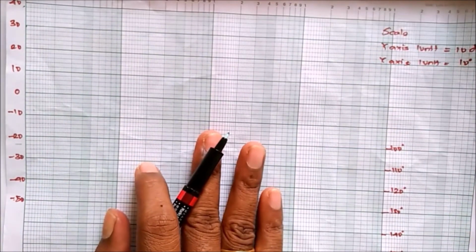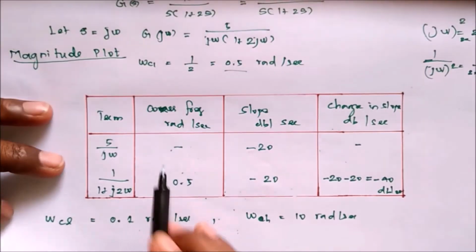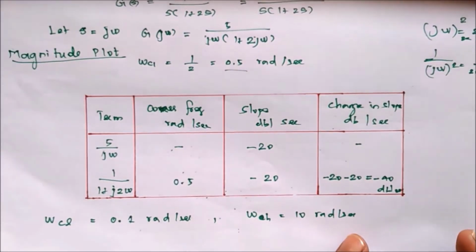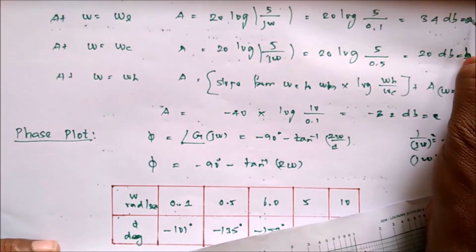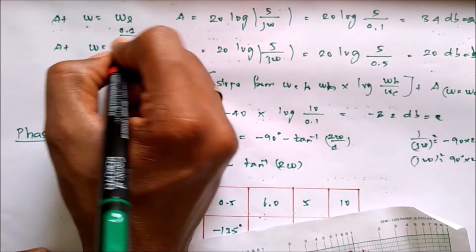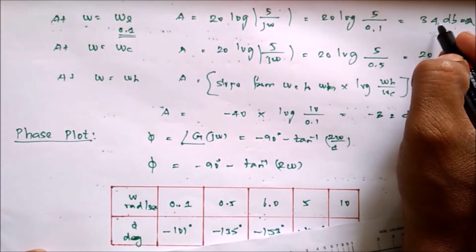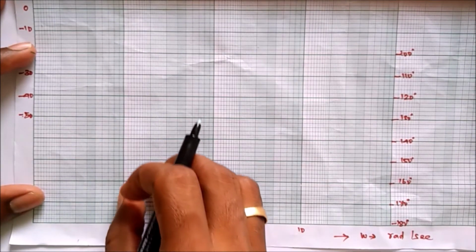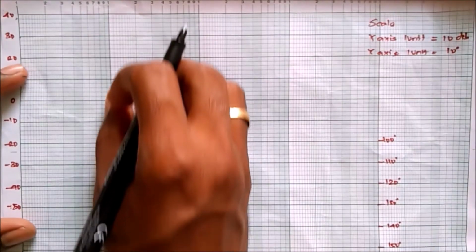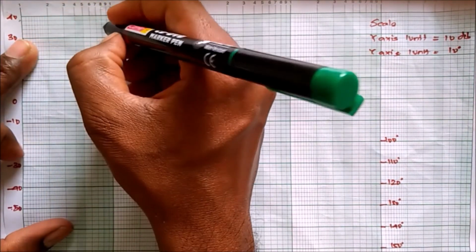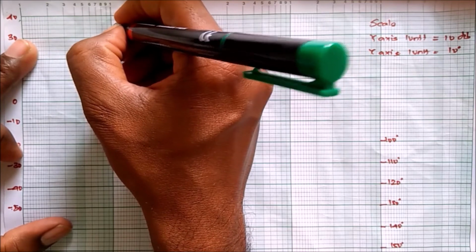Now from the magnitude tabulation, from the calculation, we see the point A, where omega equal to 0.1. Its magnitude is 34 decibel. So this is the 0.1 line, magnitude is 34; this is 30, this is 40, therefore this will be the 34.